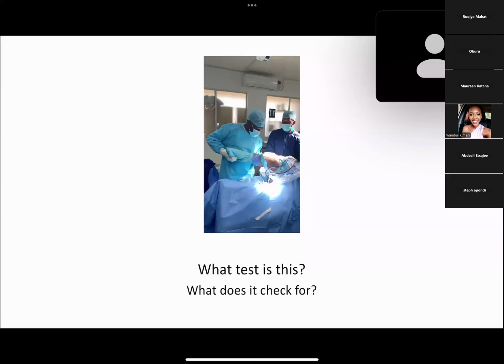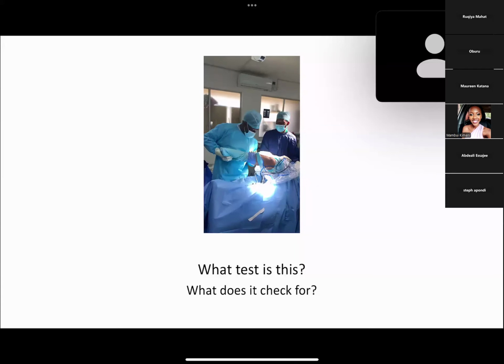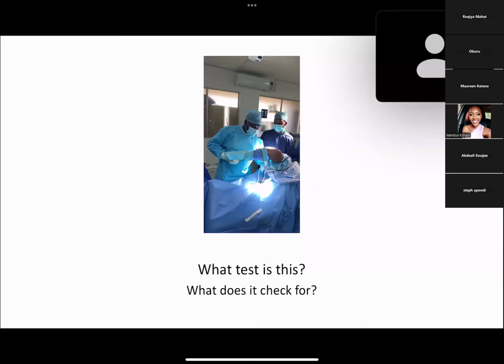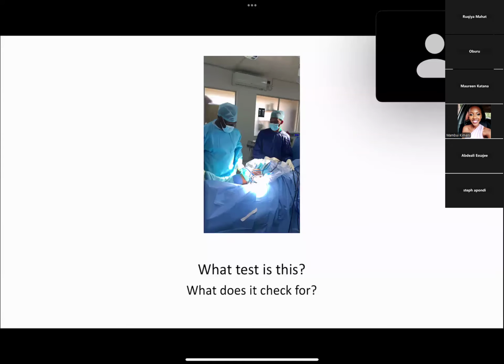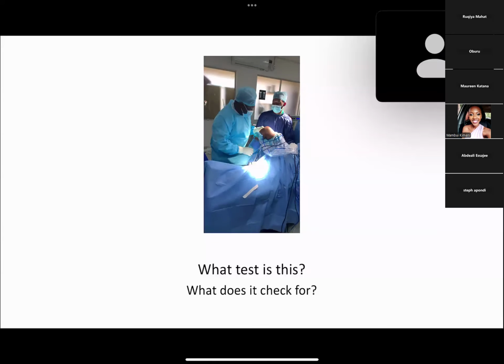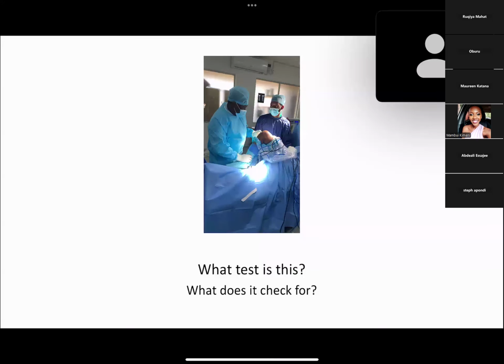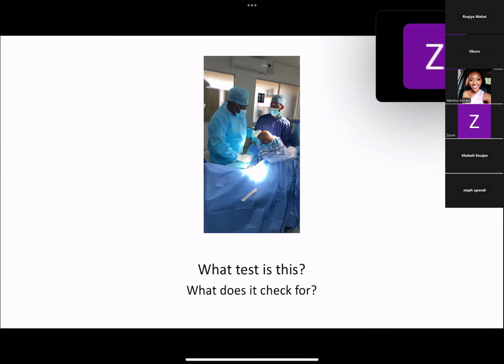Now, this is me doing a procedure. So what is the diagnosis there? Somebody tell us. Please play it again. Pardon? What test is it? Is it a valgus stress test?